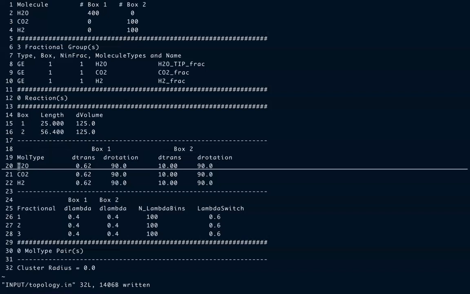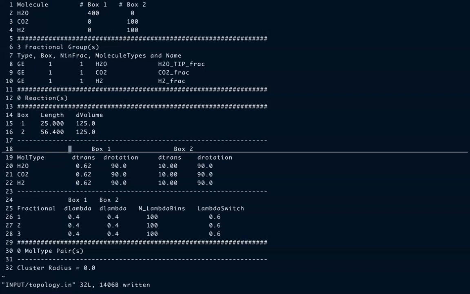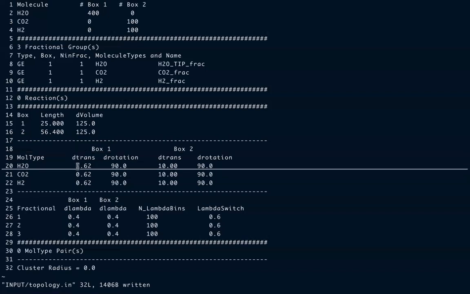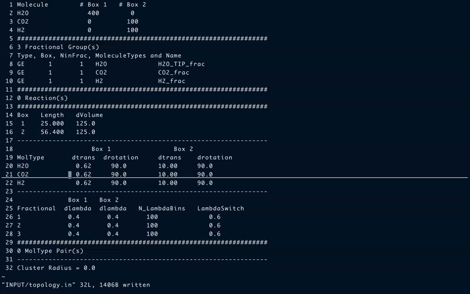Finally, you also specify the maximum translation and the maximum rotation in either of the boxes. Notice that the water can translate by a maximum of 0.62 of the size of the box.